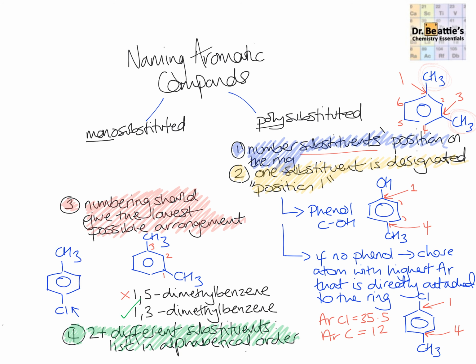We've got 2 substituents. We're going to look at which one gets position 1 out of the methyl group or the chlorine. If we go back to this rule, we know that the chlorine has a relative atomic mass of 35.5 versus the carbon having 12. So we're going to have this as position 1. And therefore this one, relative to that, is 2, 3, 4, position 4.